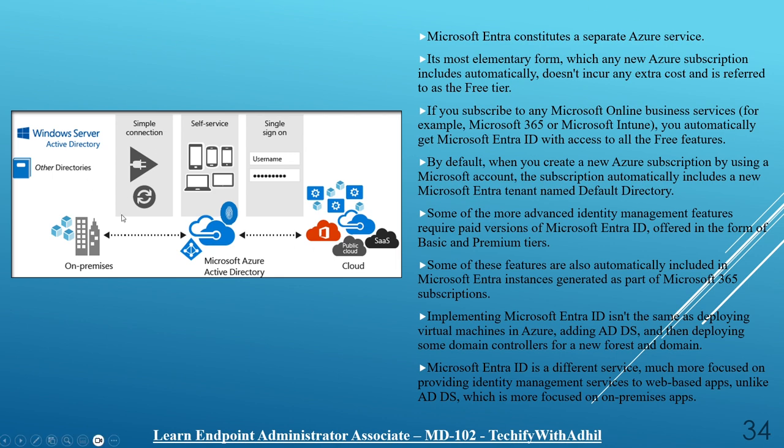So here you can see in this picture, the central point of access is Microsoft Azure Active Directory. From here you can extend the service support to on-premises, as I mentioned in the previous slide, so we keep the on-premises infrastructure but use the features of Azure AD.